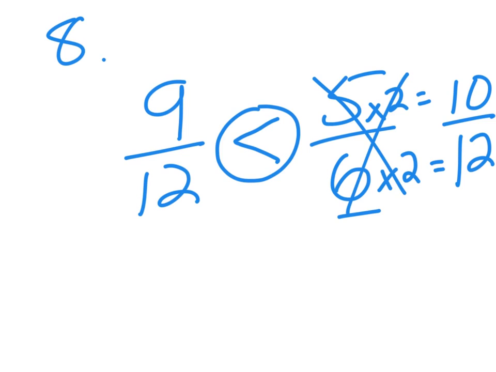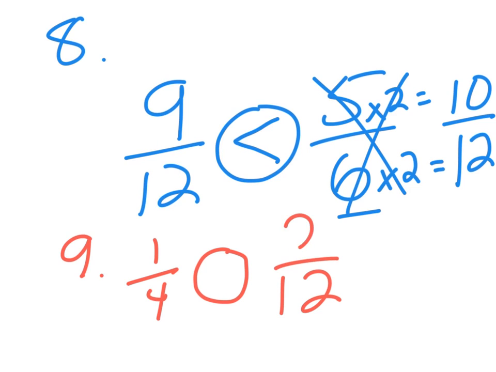We have a spinner broken into fourths, and 1/4 is green. Is that larger or smaller than the other spinner, which is broken into 1, 2, 3, 4, 5, 6, 12 parts, and 2 of them?